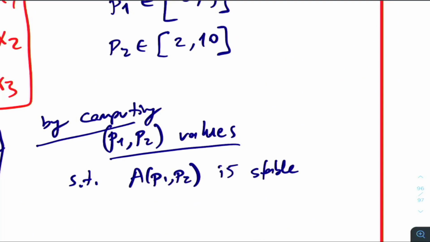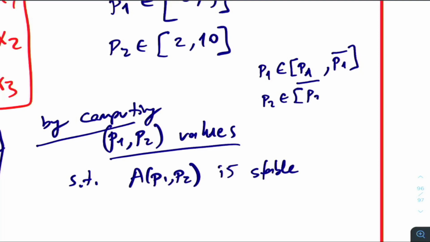Another version of this problem is to find me the P1 values, P1 under bar and P1 upper bar, and P2 as well, P2 under bar and P2 upper bar, meaning minimum and maximum. This is a kind of notation that some books use often.